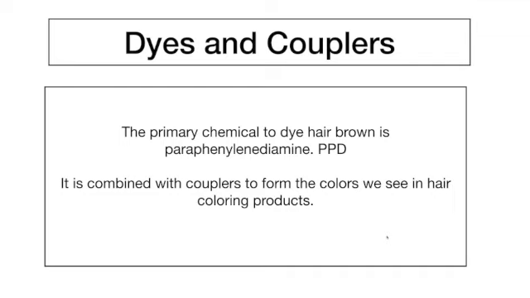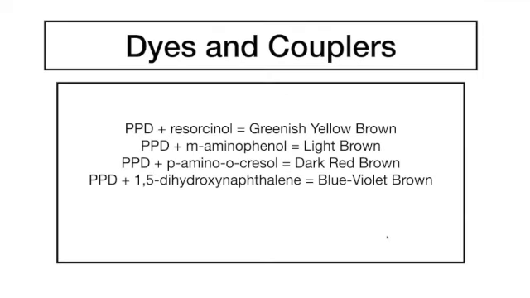Now, it's combined with couplers to form many of the different colors that we see in our hair when we're coloring hair. But here's 4 examples of what happens when you mix PPD with resorcinol. You get a greenish yellow brown.